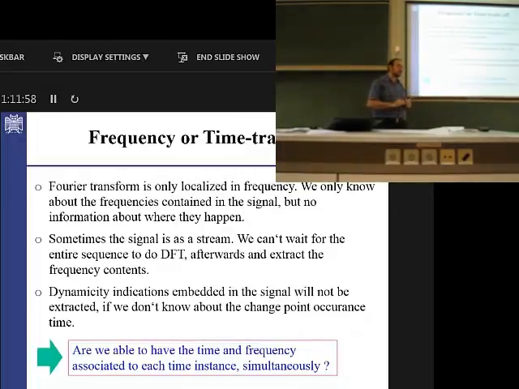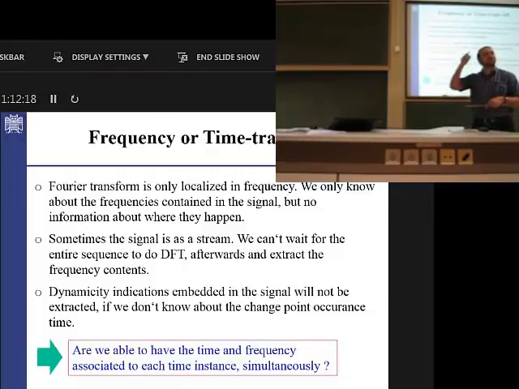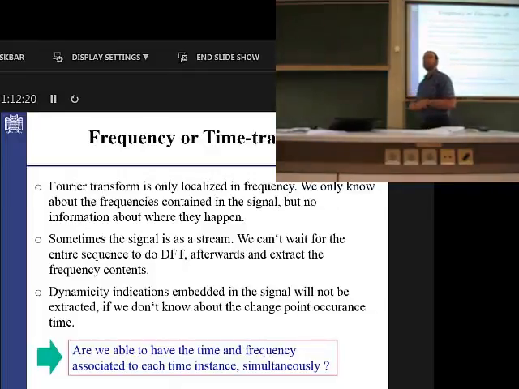So there are many applications, for instance, where you need to know the change points. We have friends here working on brain neurology, and one of the applications is to know the change point of the signals that they get from the brain, because it's important.